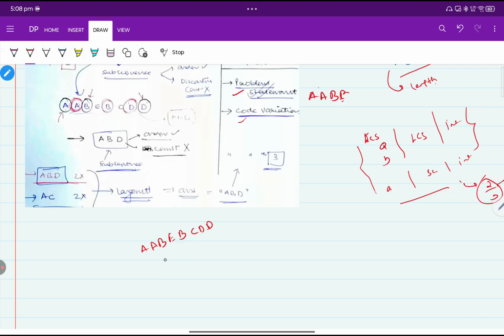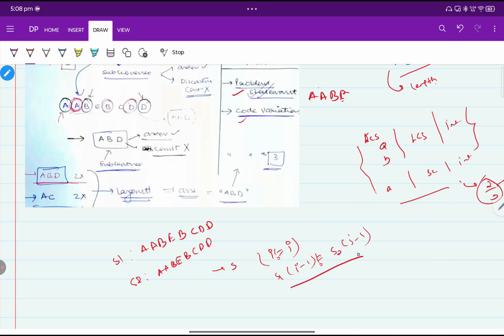Do one thing: find the longest common subsequence between the string and itself. If you take the same string with itself, the longest common subsequence is the string s, but with a condition that index i is not equal to index j, that is, the character at s1 i minus 1 is not equal to s2 j minus 1.